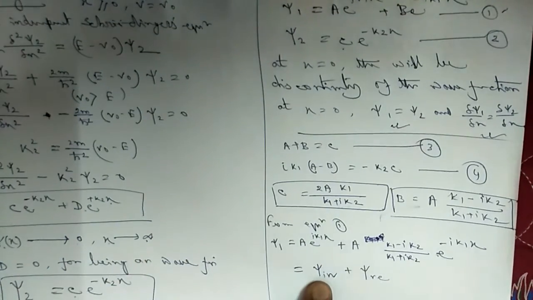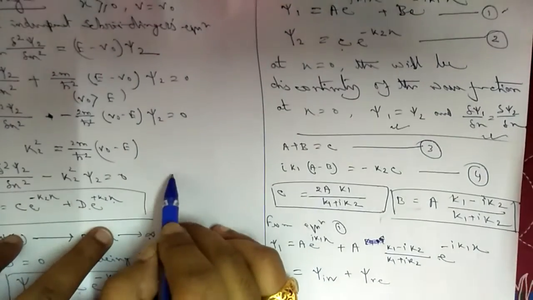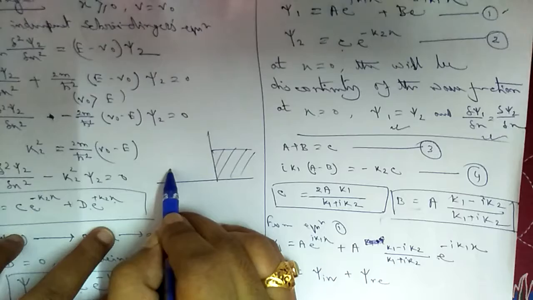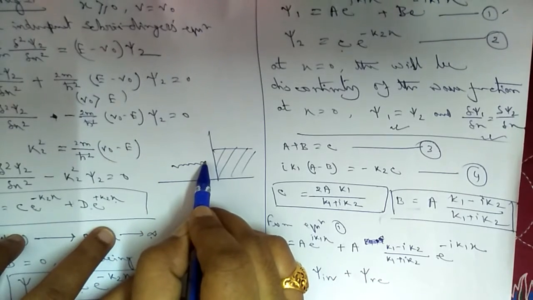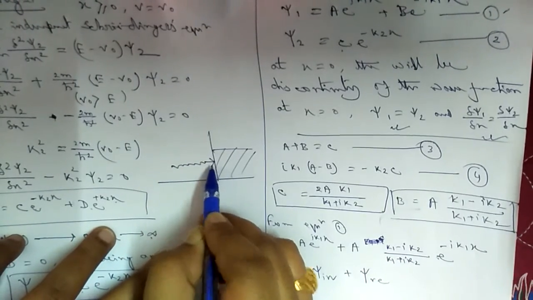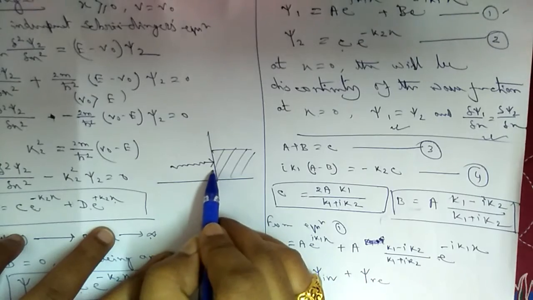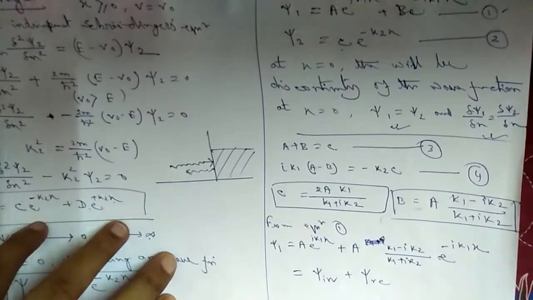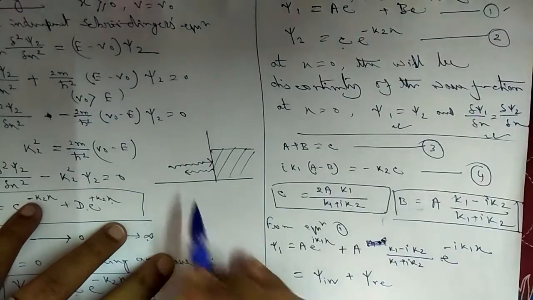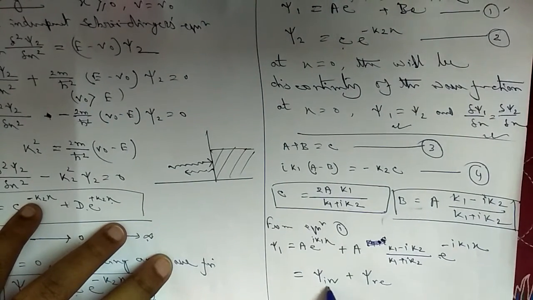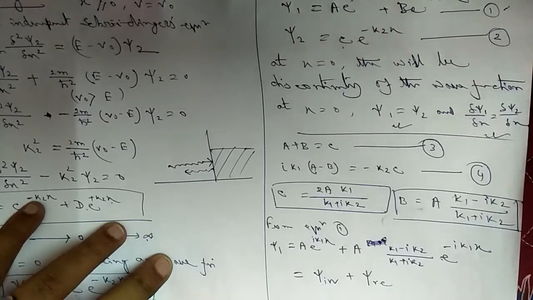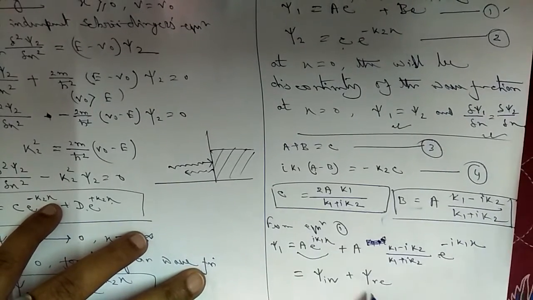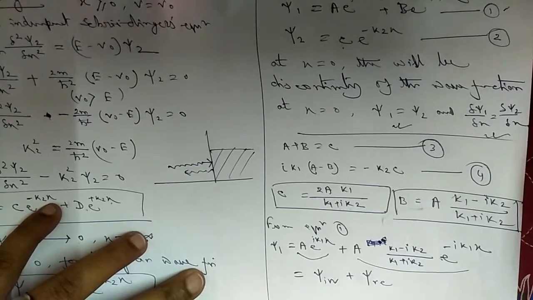This is the incident wave and reflected wave, and it should be like that, because you know this is the barrier and the height of the barrier is greater than the energy of the particle. So after being incident on the interface, a part of the ray will be reflected, or classical mechanically the whole of the ray will be reflected. So this wave function will have two parts, incident part and reflected part. Okay, so psi in stands for this one, psi re stands for this one.